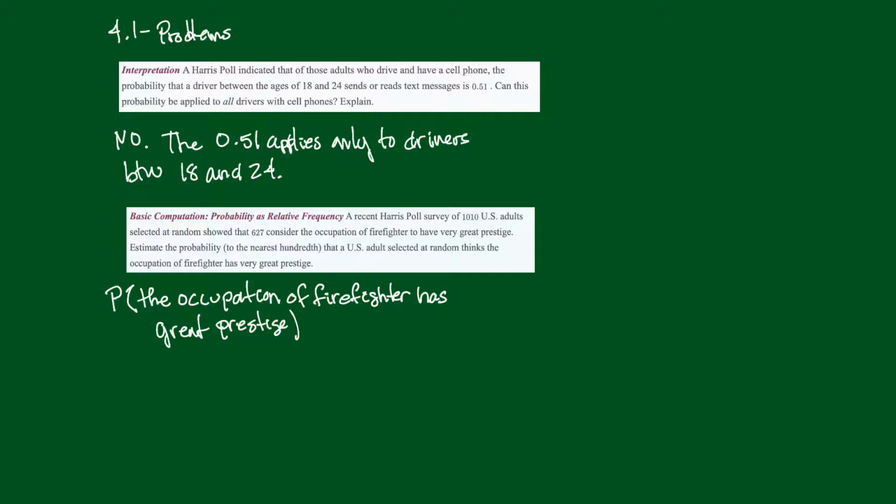So I'm going to say that we've got a relative frequency going on here, right? Out of 1,010 adults, 627 consider a firefighter has great prestige as an occupation. So how about if we write this as, all right, I like to write denominators first, so 1,010, and the number of elements favorable to our event is 627.